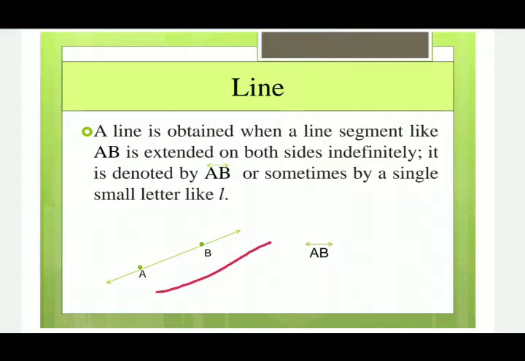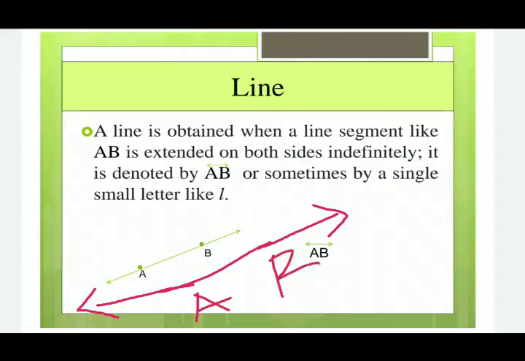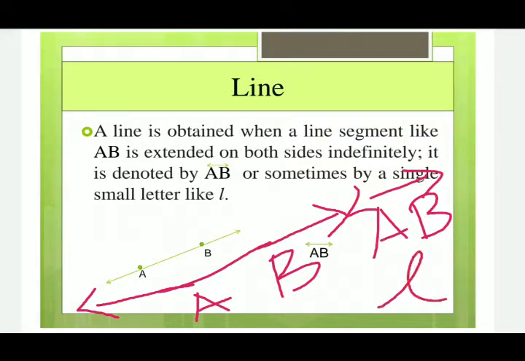After that, now I want to make line out of it, then I can extend it this way also and this way also on both the sides. So this will be the line. So sometimes it is denoted as AB and sometimes a simple L or small letter M. These all are the symbols for a line.